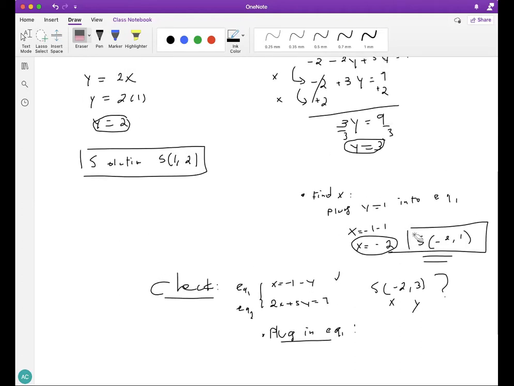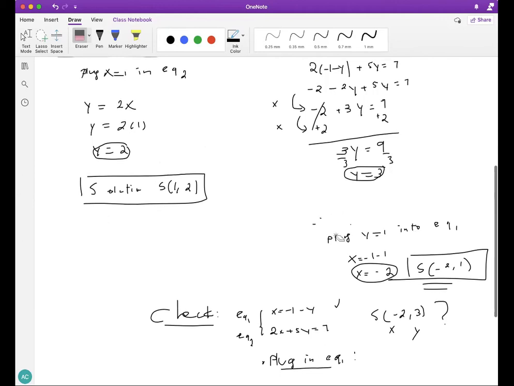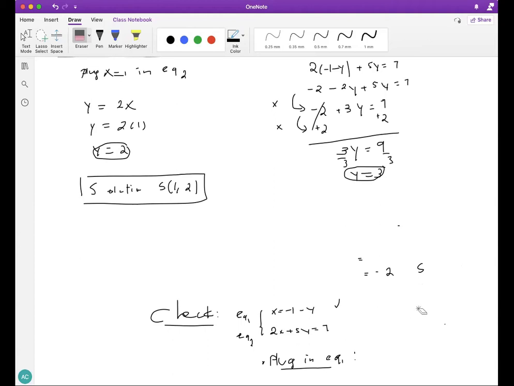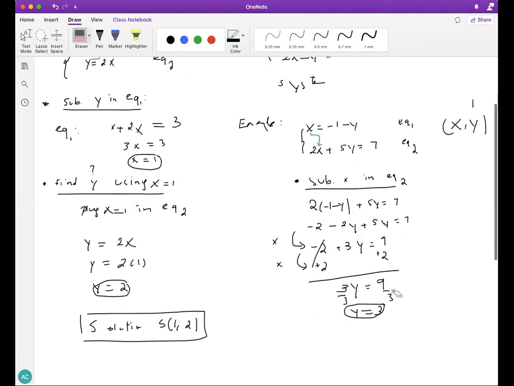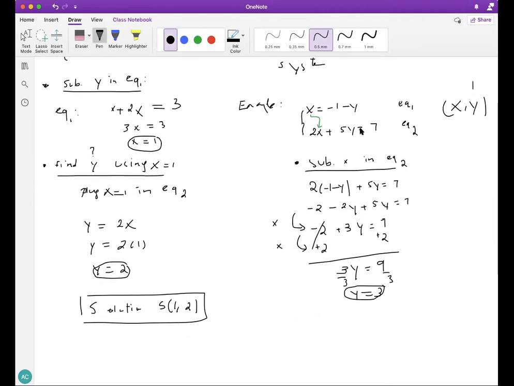Let's check the whole thing again. Let's just recap what we did here. We substituted this here, and we solved this to find y. Now we have to find x.